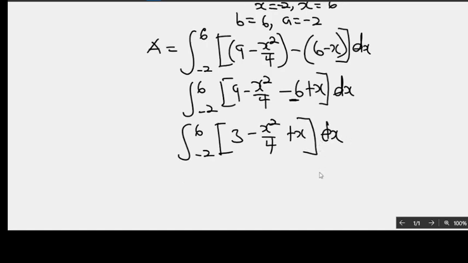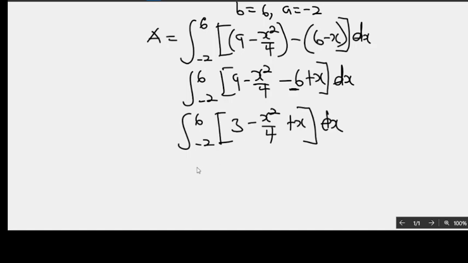Now let's integrate what is in the bracket. We are going to have negative x cubed on 12 for this term alone.